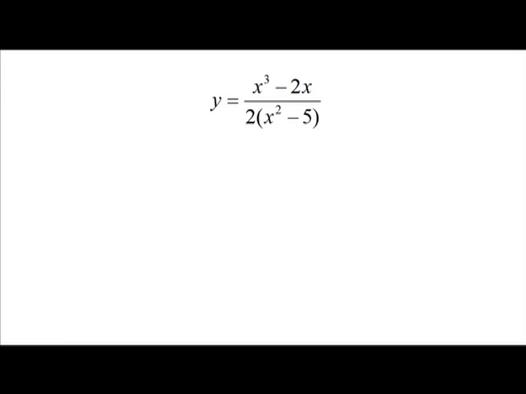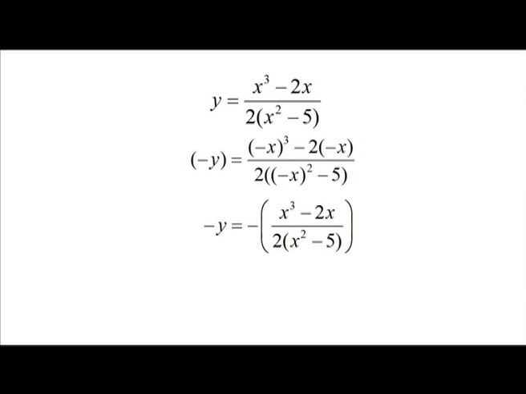Let us now sketch the graph of the rational function y is equal to (x^3 minus 2x) divided by (2 times (x^2 minus 5)). When we replace x and y with minus x and minus y respectively, we obtain minus y is equal to ((minus x)^3 minus 2 times (minus x)) divided by (2 times ((minus x)^2 minus 5)), that is minus y is equal to minus of (x^3 minus 2x) divided by (2 times (x^2 minus 5)).